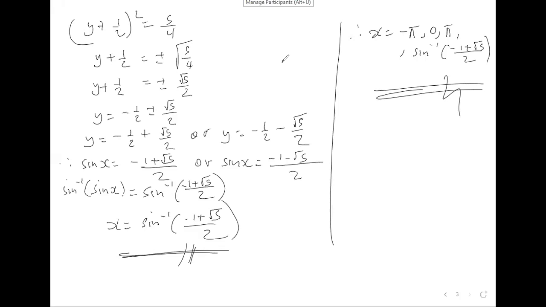So we can move on now to the next screen. For question 32, I want us to solve this equation: root 3 sine x minus 2 sine x cos x.